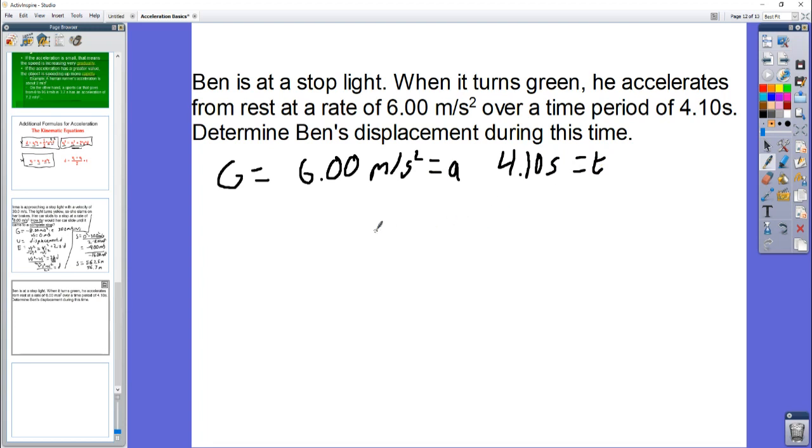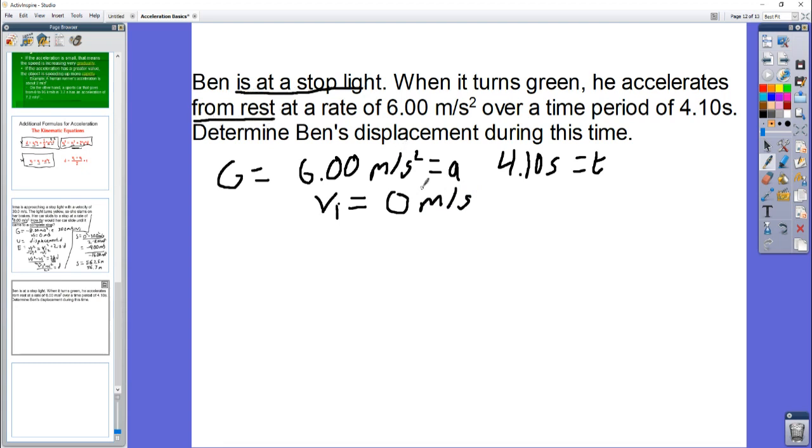Anything else we're given? Hopefully you tried working this out on your own first. The good old invisible one, initial velocity. So v sub I is equal to 0. Why is it 0? Because he is at a stoplight and he's starting from rest.